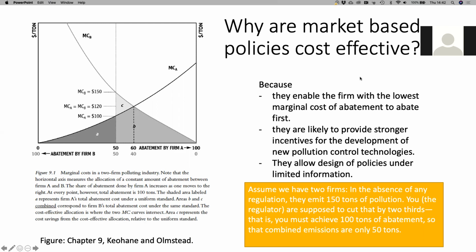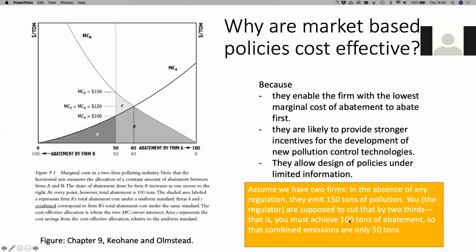Why are market-based policies useful? Why are they better than a command and control policy? So to answer this, let's look at an example. Assume that we have two firms and each firm emits 150 tons of pollution, okay? And if you were a regulator, you're supposed to cut those emissions by 2/3.